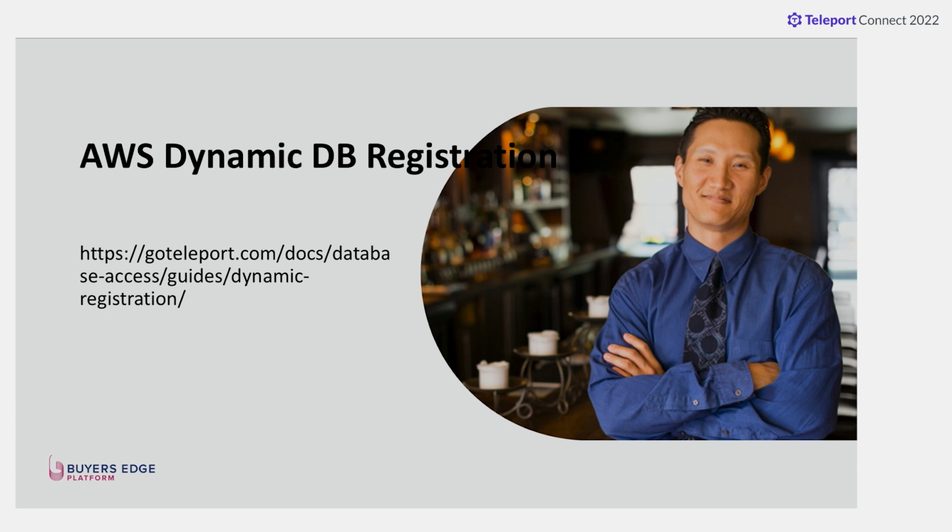A significant amount of overhead would be involved with manually configuring those databases, adding them into Teleport, changing the config when the databases change. Fortunately, the bulk of our DBs right now are in RDS, which allowed us to take advantage of Teleport's auto discovery feature. It's pretty well documented on the Teleport website.